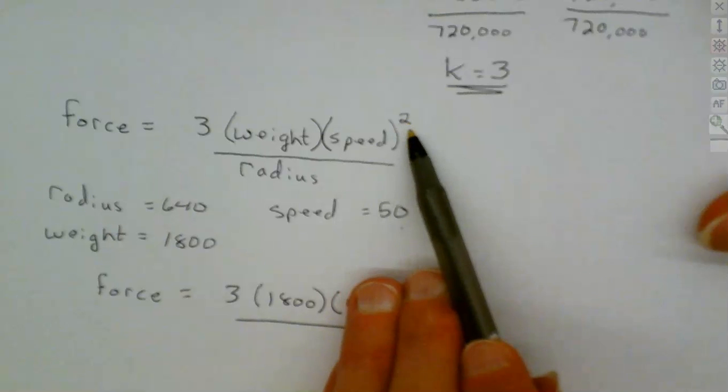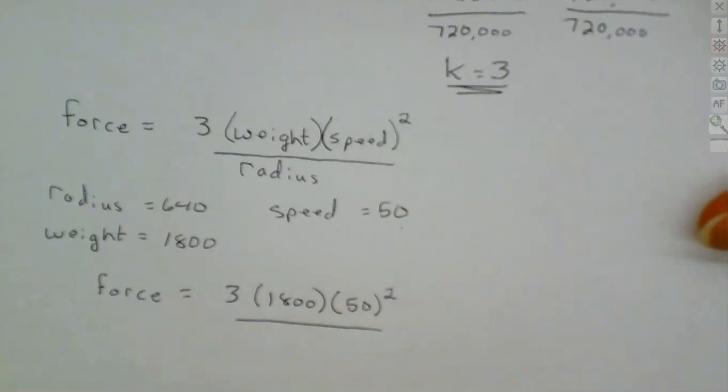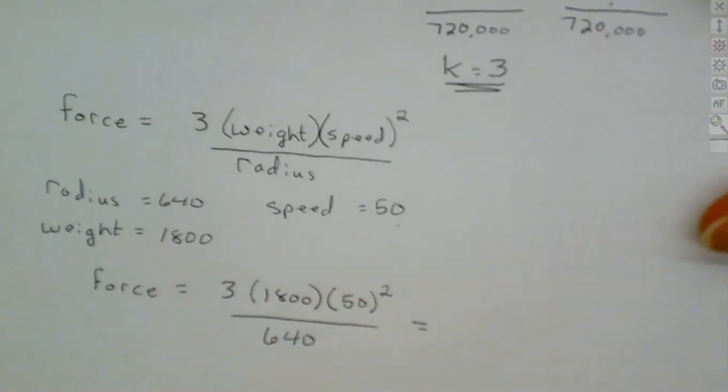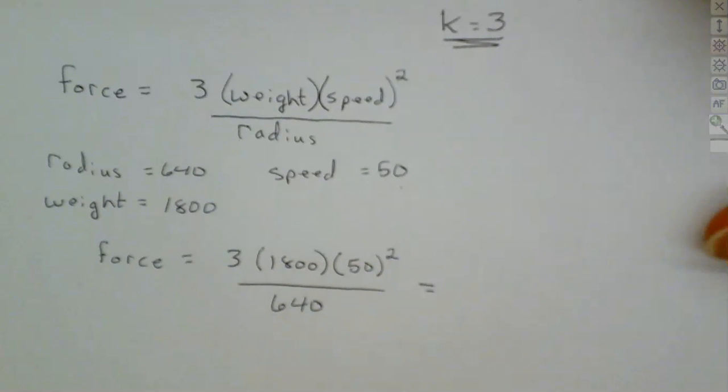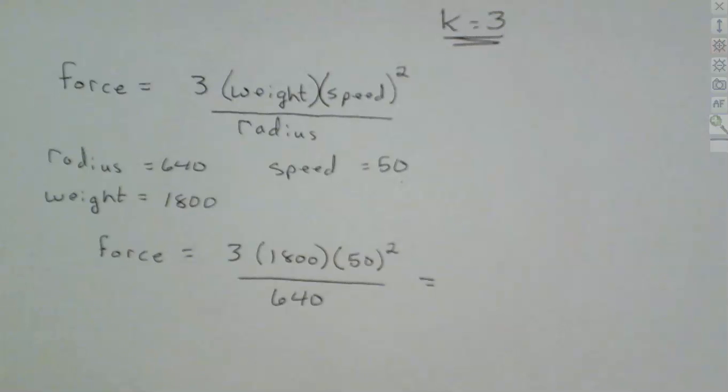Squared. When you square something, it makes a big difference. So the radius of the curve is not nearly as important as the speed. When you increase the speed of that car, to try and hold it on the road requires a lot more force. So let's go ahead and multiply.